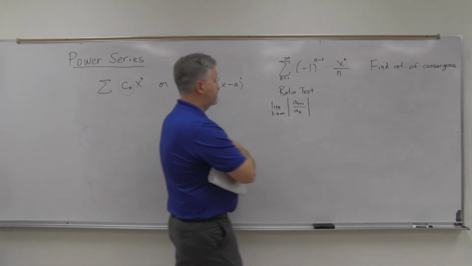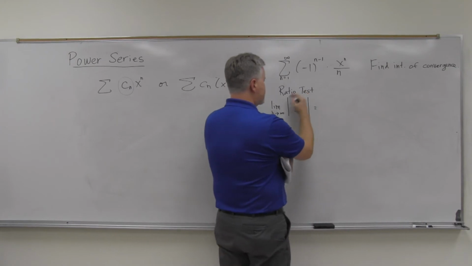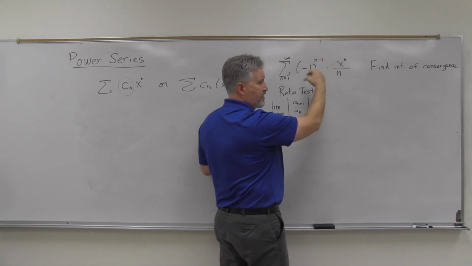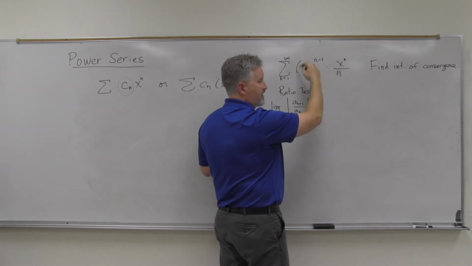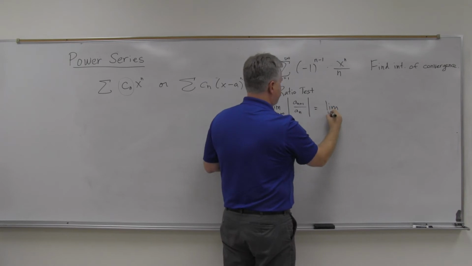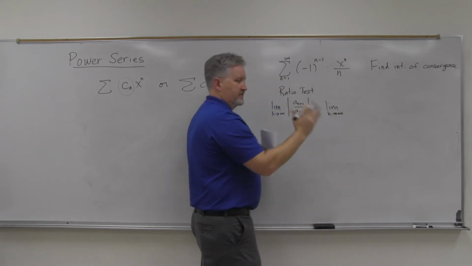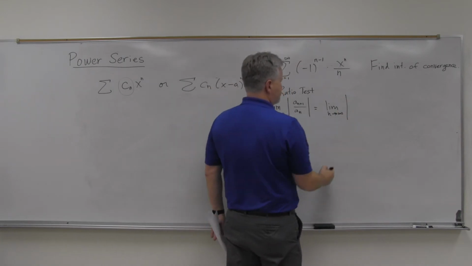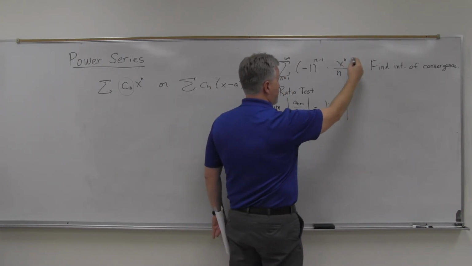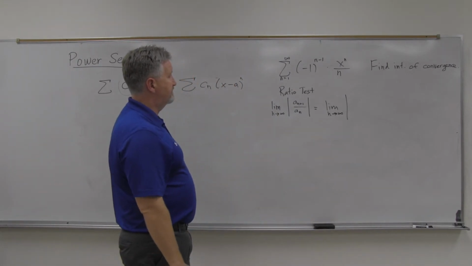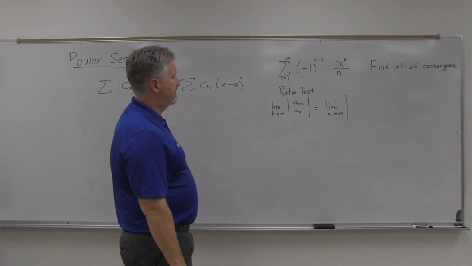Okay, so the good news is the absolute value is going to knock out the alternating sign right up front. So we can get rid of anything to do with the alternating signs and focus in on just that part of it.